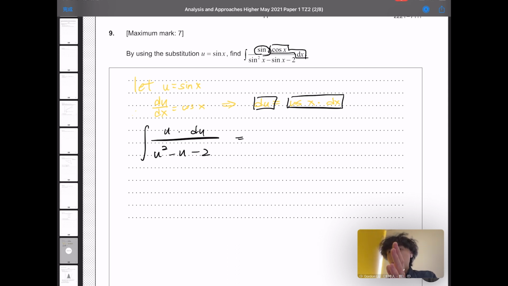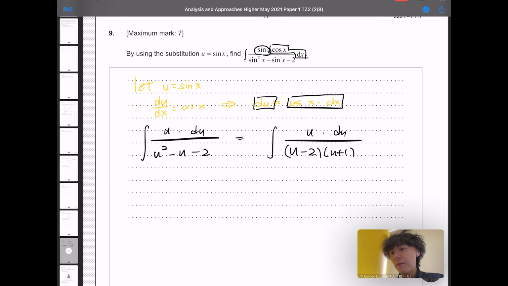We see that now the degree of the numerator is less than the degree of the denominator. So we will try to see whether the denominator is factorizable. And actually it's doable. I think most students have learned it from their MYP as well. So we can factorize it. It'll be u minus 2, u plus 1. So we can factorize the denominator completely.